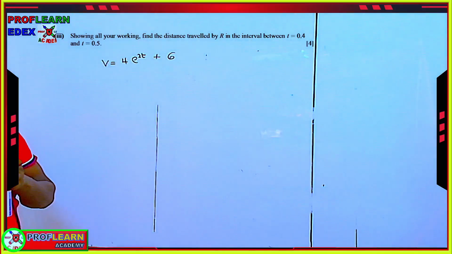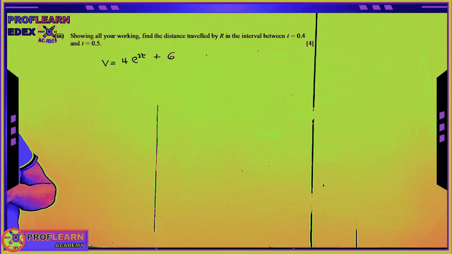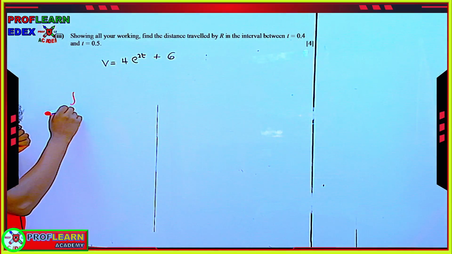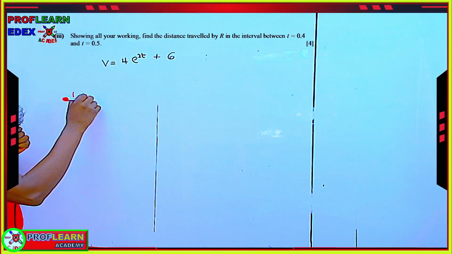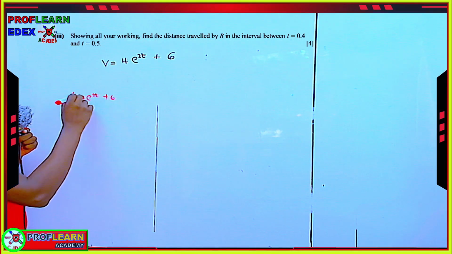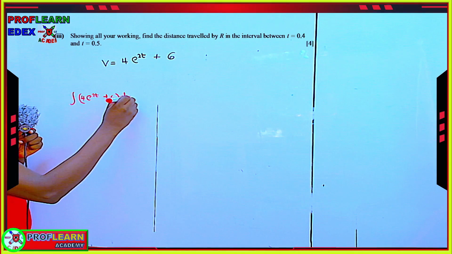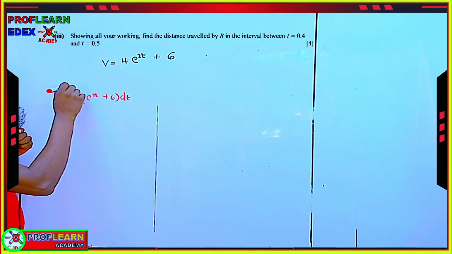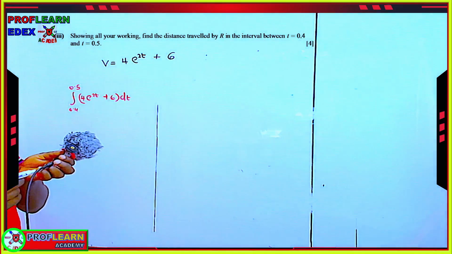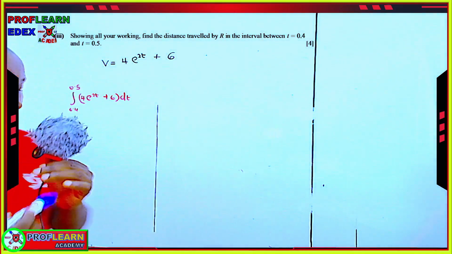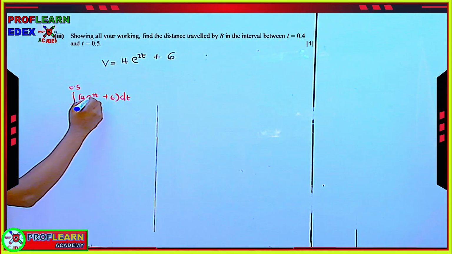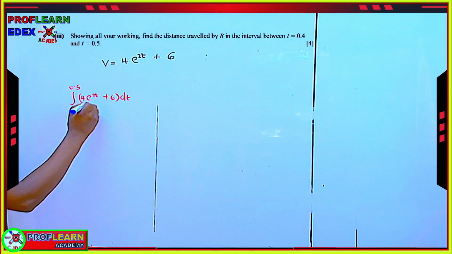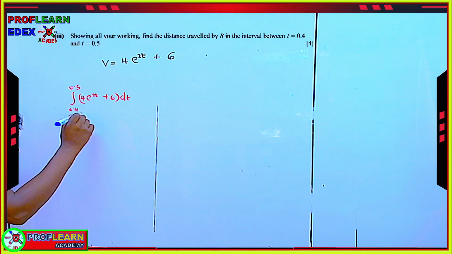So in this question, we are supposed to integrate this equation, 4e^(2t) plus 6, with respect to t from 0.4 all the way to 0.5. That's what we're going to do in this question.